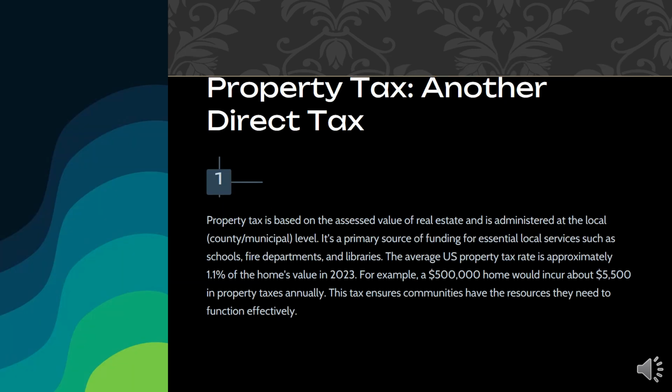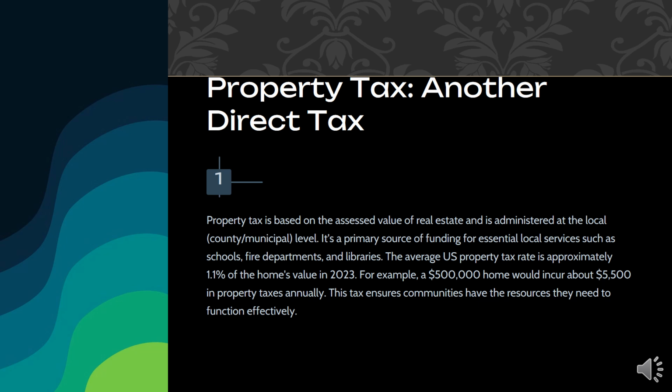Property tax. It is a type of direct tax. Property tax is based on the assessed value of real estate and is administered at the local, county, or municipal level. It is a primary source of funding for essential local services such as schools, fire departments, and libraries.